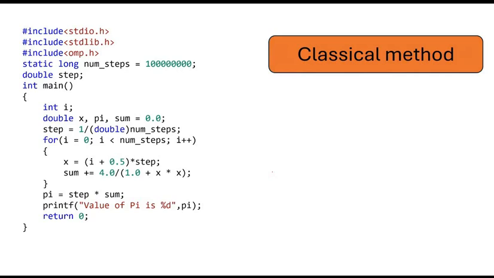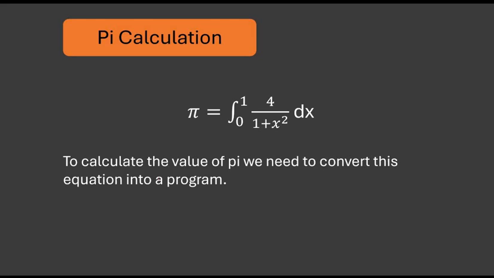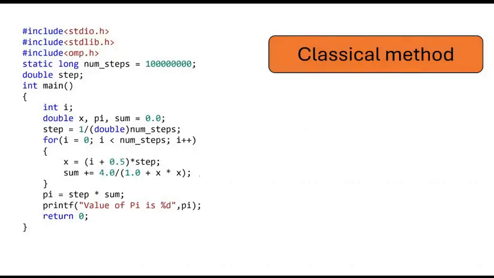Step is the width of each rectangle, so I multiply it and I get the area of the rectangle, and then we have sum plus equals. So we are adding to the variable sum 4 upon 1 plus x square, which is the formula for pi.